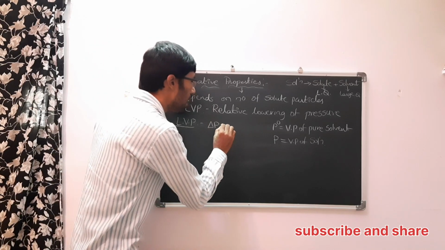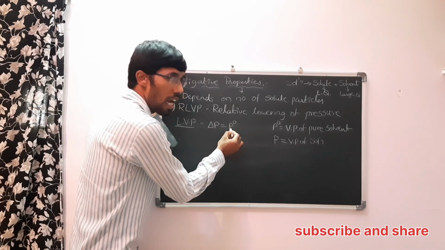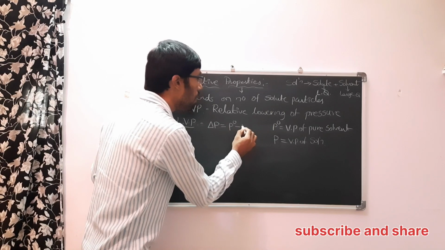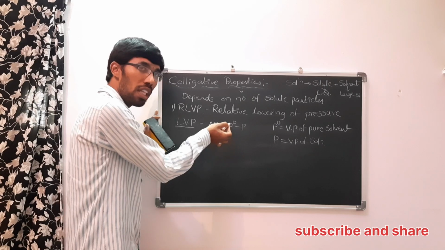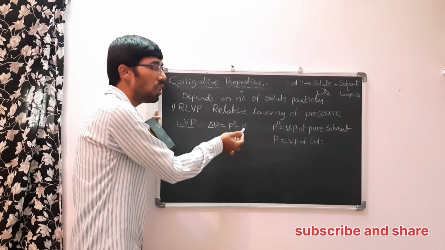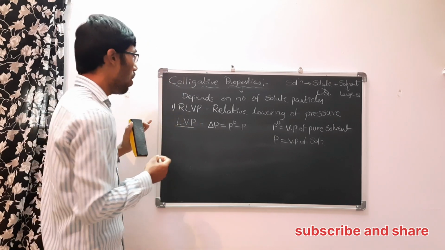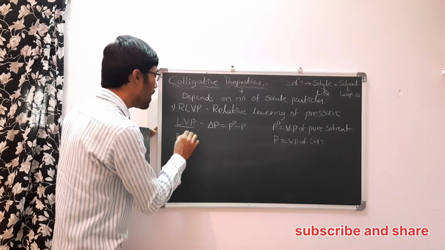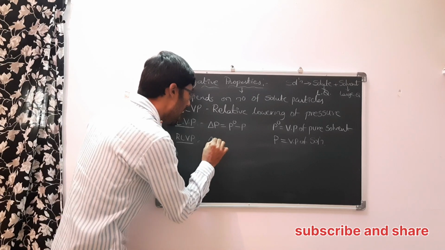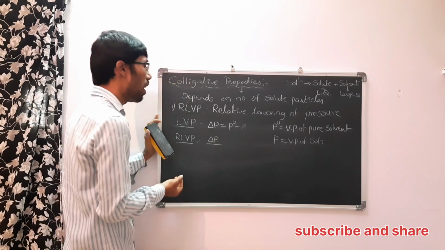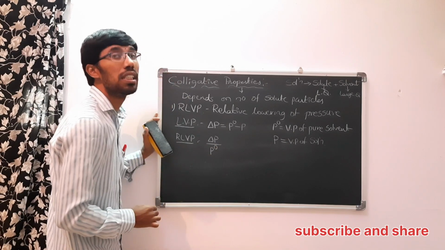It is defined as the difference between the vapor pressure of the pure solvent, or pure component, and the vapor pressure of the solution, P. Now RLVP, relative lowering of vapor pressure, is defined as the ratio of the lowering of vapor pressure to the vapor pressure of the pure solvent.